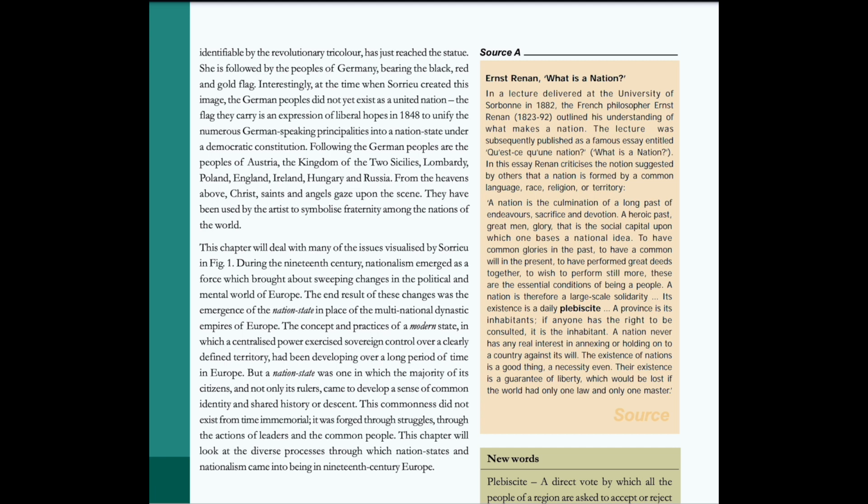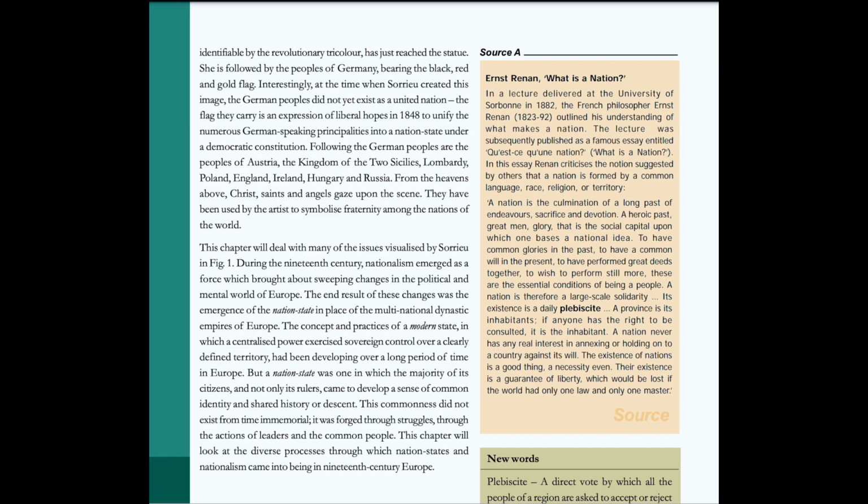But a nation state was one in which the majority of its citizens, and not only its rulers, came to develop a sense of common identity and shared history or descent. This commonness did not exist from time immemorial.